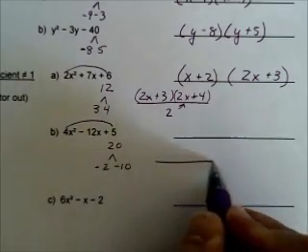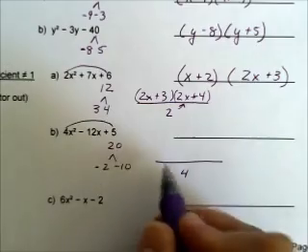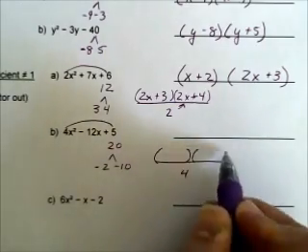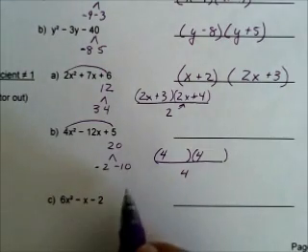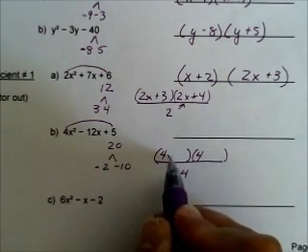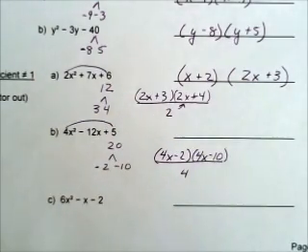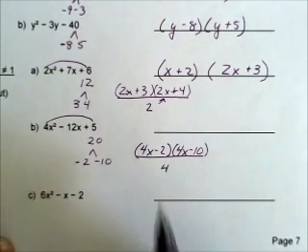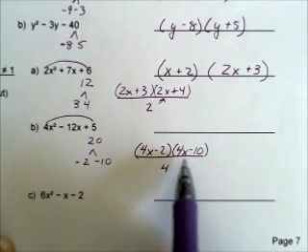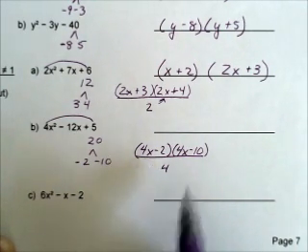Draw a fraction bar. The coefficient 4 goes 3 places down in the denominator, and then starts off each binomial of the numerator, finishing out the binomials 4x minus 2 and 4x minus 10. And you notice that 4 doesn't divide evenly into both terms of a single binomial in the numerator.